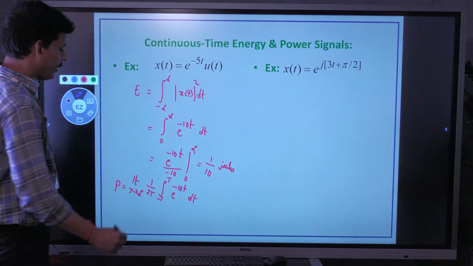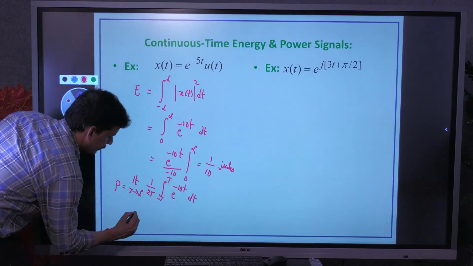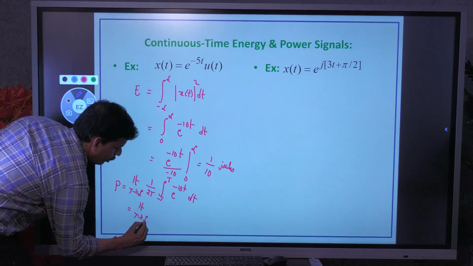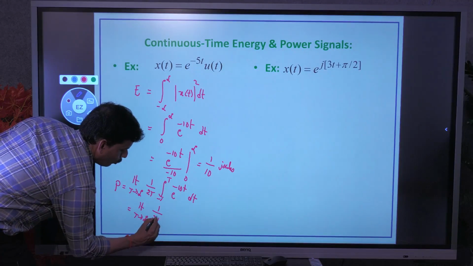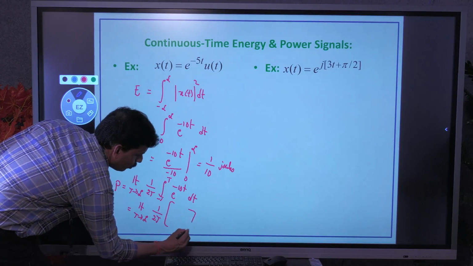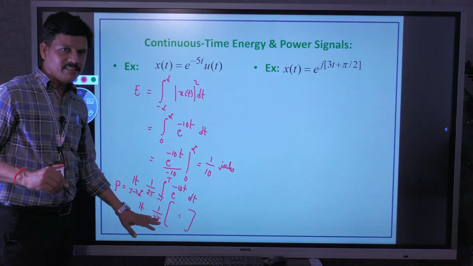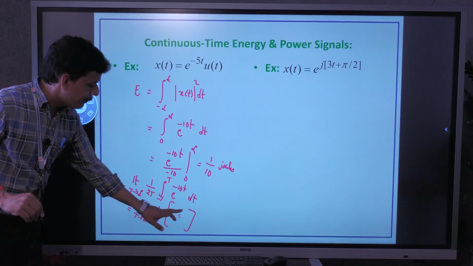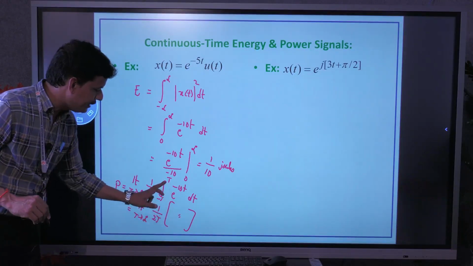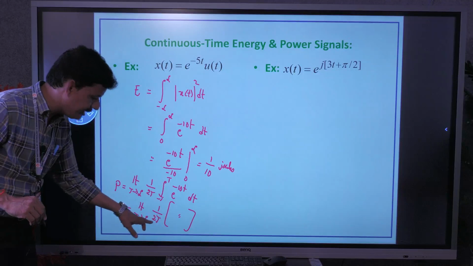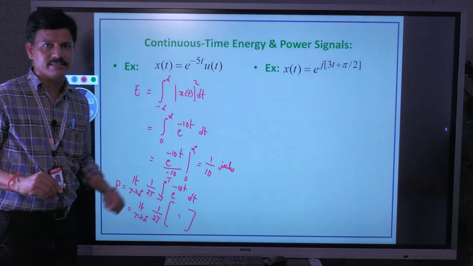We can solve it in a similar way: limit t tends to infinity 1 by 2t, and we get something. The idea here is that only if there is a chance of cancellation of t with the answer obtained from this integration do we get a finite answer.